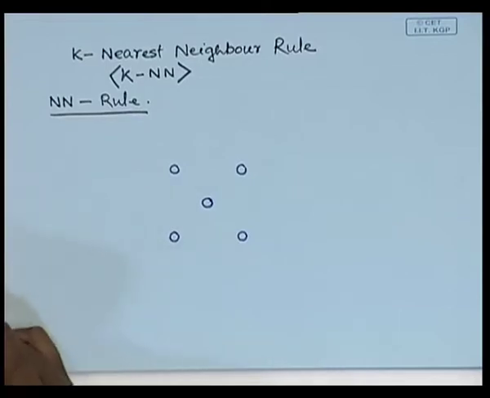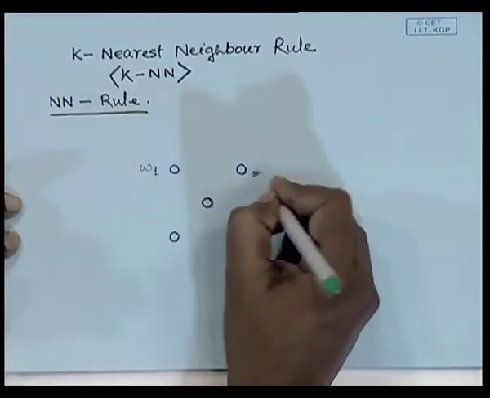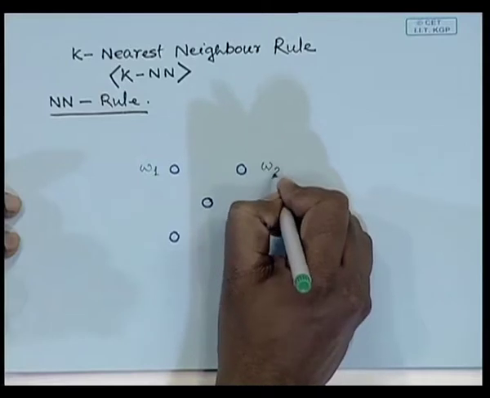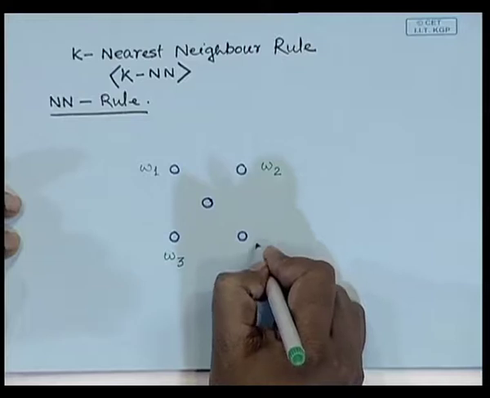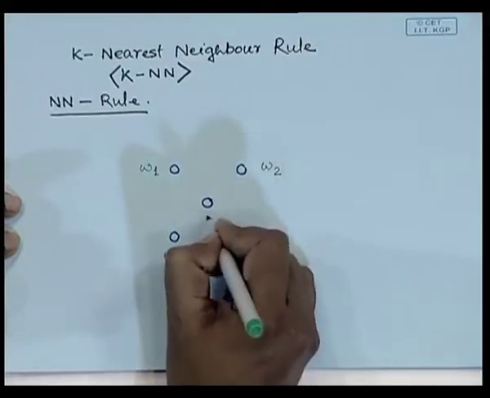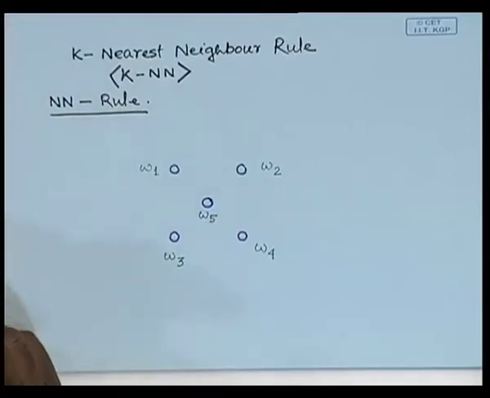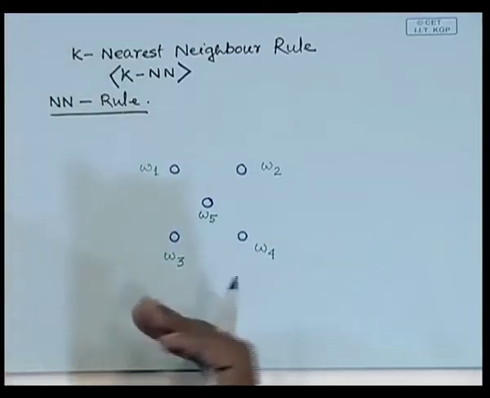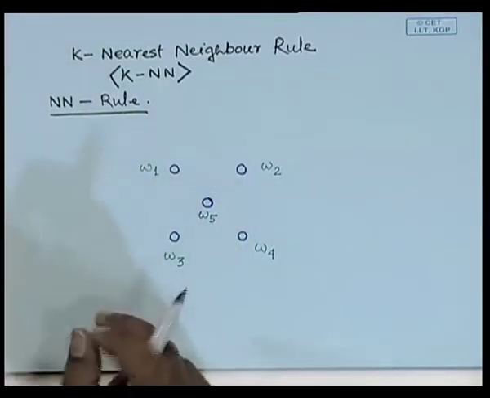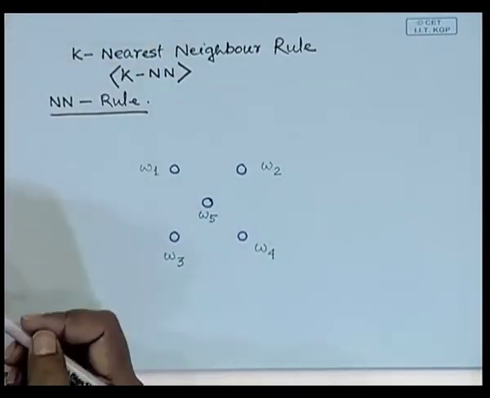Let us assume that this sample belongs to class say omega 1, this sample belongs to class omega 2, this sample belongs to class omega 3, this one belongs to class omega 4, and this one belongs to class omega 5. Now, following the nearest neighbor rule, I want to find out what the decision boundary is which separates all these different classes.